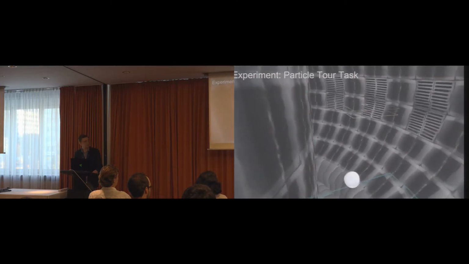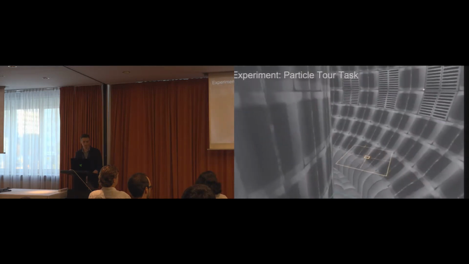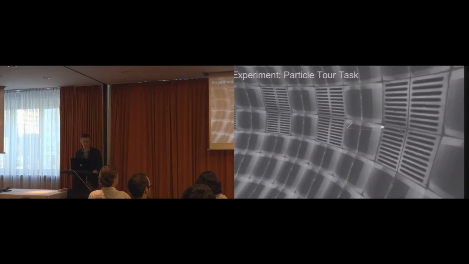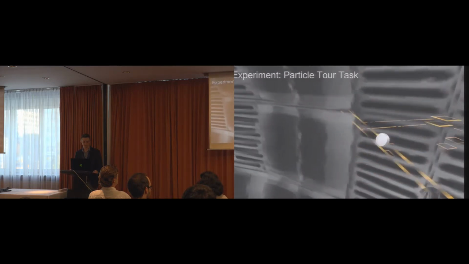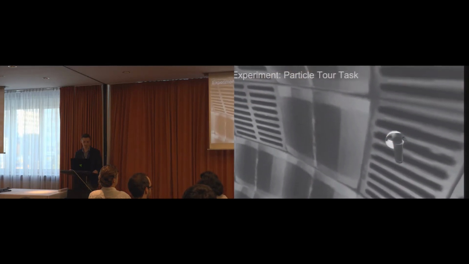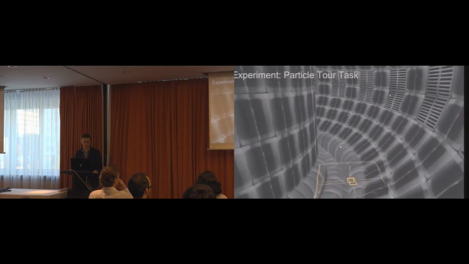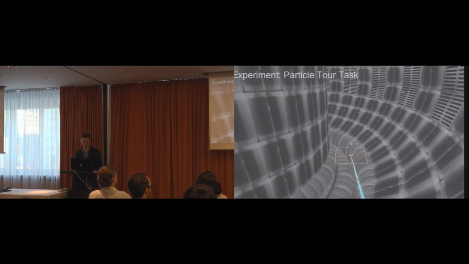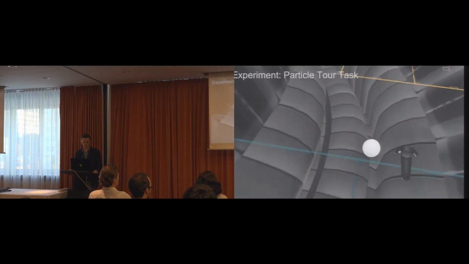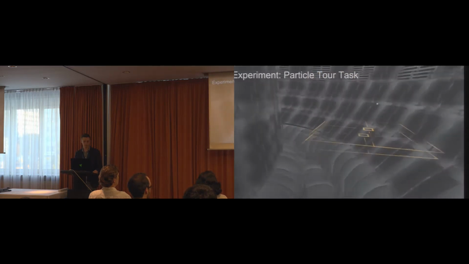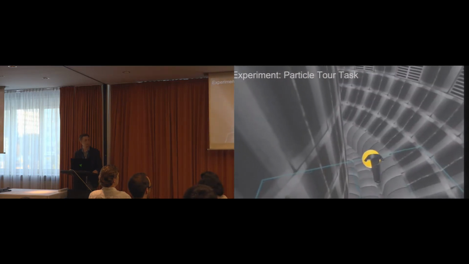Additionally, the second task, dubbed the particle tour task, has users travel through the environment to touch some of the data that was randomly sampled from the original data set. In this one, there are always 8 particles that the user has to tap with their controller.